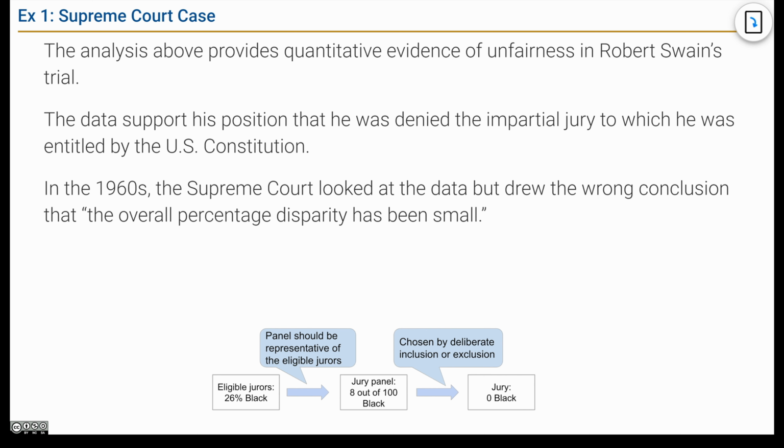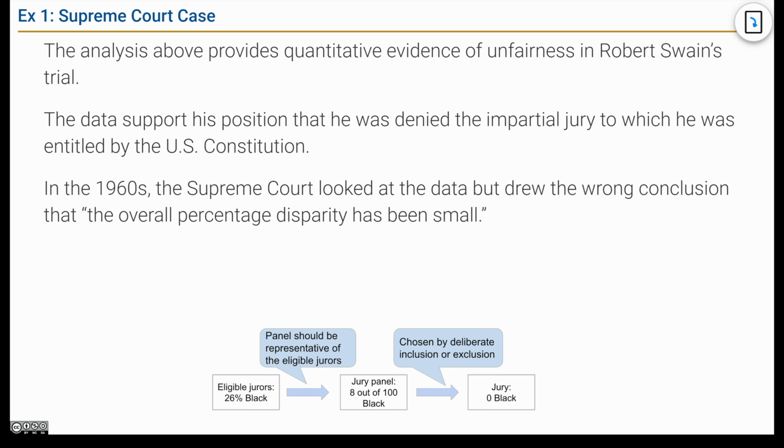I will point out that arguments such as the one in these previous slides are now more frequently presented in courts of law, but they weren't as common in the 1960s, and so when the Supreme Court looked at the data at the time, they did draw the wrong conclusion. Their meaning of small, quote, it was wrong really to rely on either what simply seemed reasonable to the majority of the court, without looking statistically at what was possible.